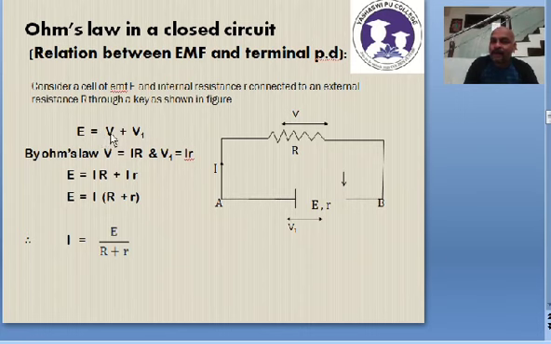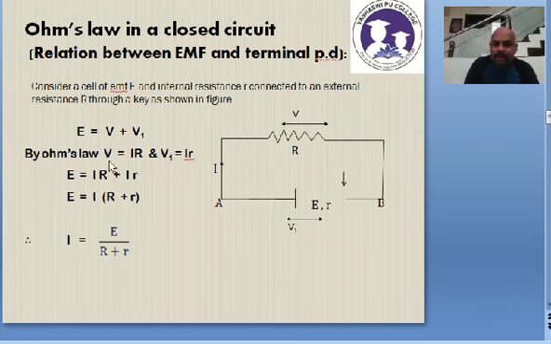Here V represents the terminal potential difference, that is the work done in transferring 1 coulomb of charge through the external resistance, plus the work done in transferring 1 coulomb of charge through the internal resistance, that is through the electrolyte.